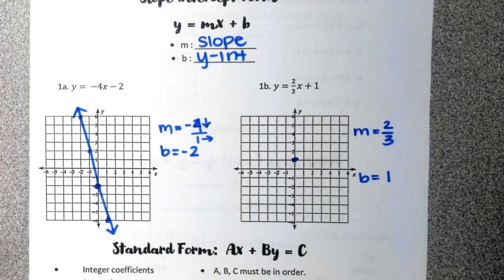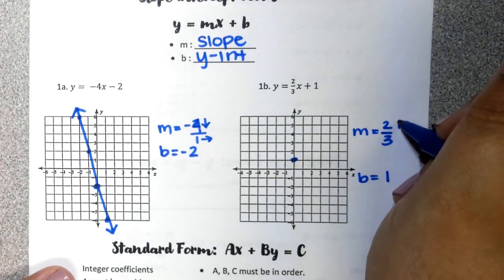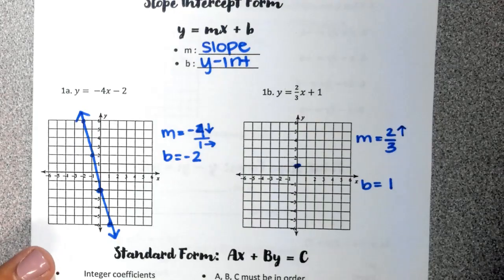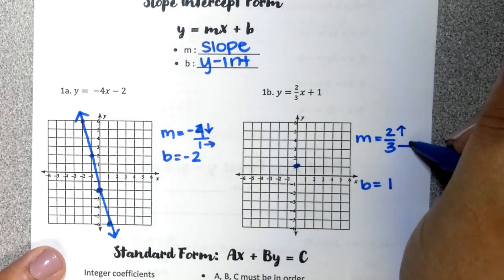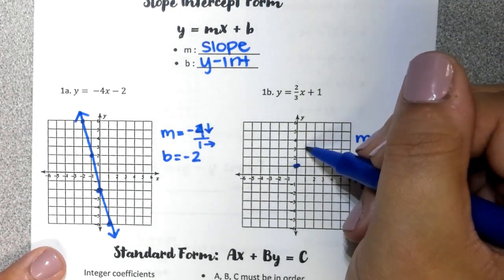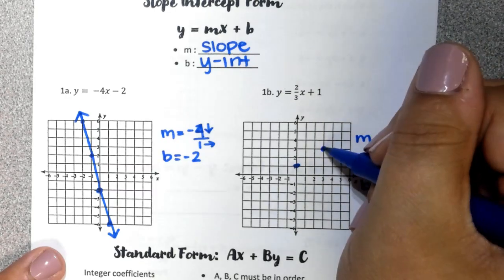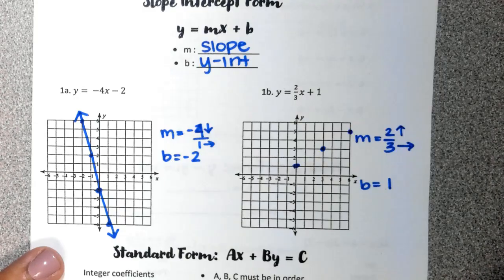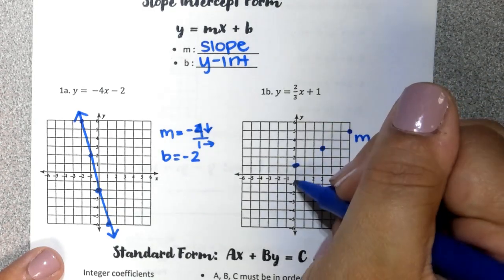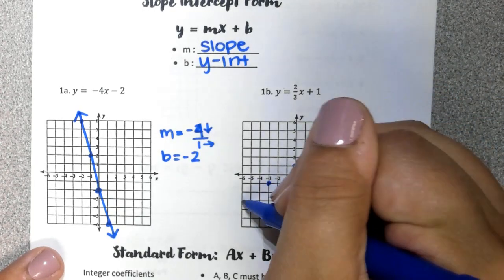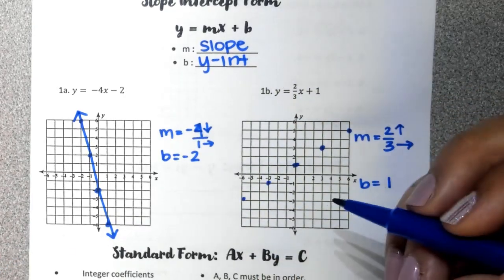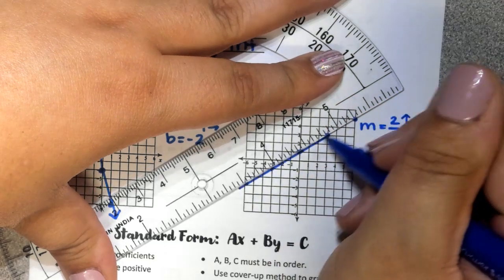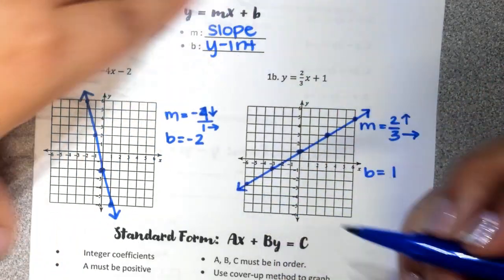How does this move? Why up? It's positive. It's not negative. And then we're always going to go to the right. Up 2, right 3. Up 2, right 3. And if I want to go backwards? Down 2, backwards 3. Use your badge. And don't forget your arrows.